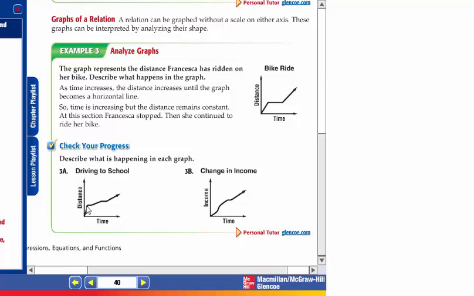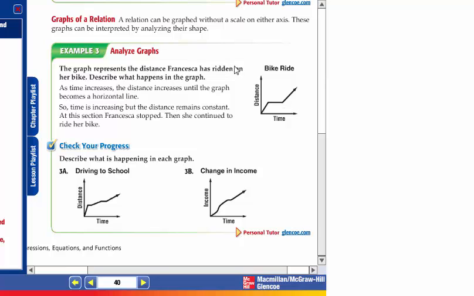First, we're driving, then we stop, then we drive slower, and then we stop, and then we drive slow again. So we start driving fast, stop, drive really slow, stop, and then drive again. Okay, income. Our income is steadily increasing, and then we get a big jump, and then it slowly increases, and then it doesn't change for a while, and then it steadily increases again. So that's how we analyze those graphs.